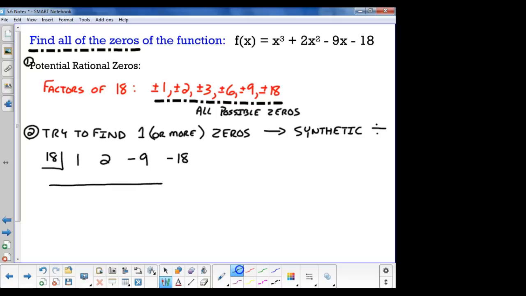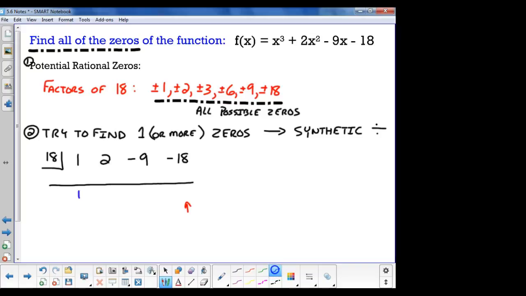And when I do that, what am I looking for? If 18 is a zero to that function, what am I looking for? No remainder. So I should have nothing right there. I should have a big old 0 right there. Okay? Let's try it.